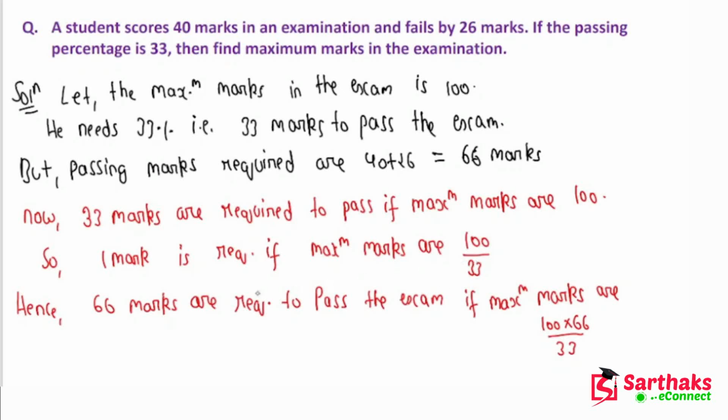Because 100 by 33, you will multiply by 66. So if you cancel them out, it would be 200 marks. So that is how you will actually take out the answer.